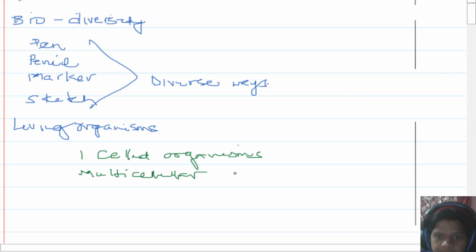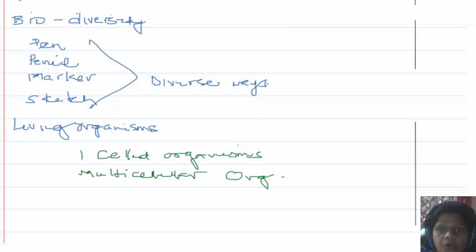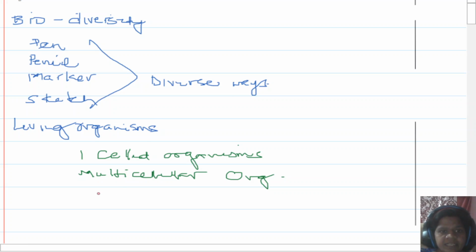And not just that, we have different organizational levels, right? From single cell to tissues to organs, organ systems, and ultimately these organ systems make organisms. That means we have diverse variety. There are lots of varieties of species living on this planet Earth.